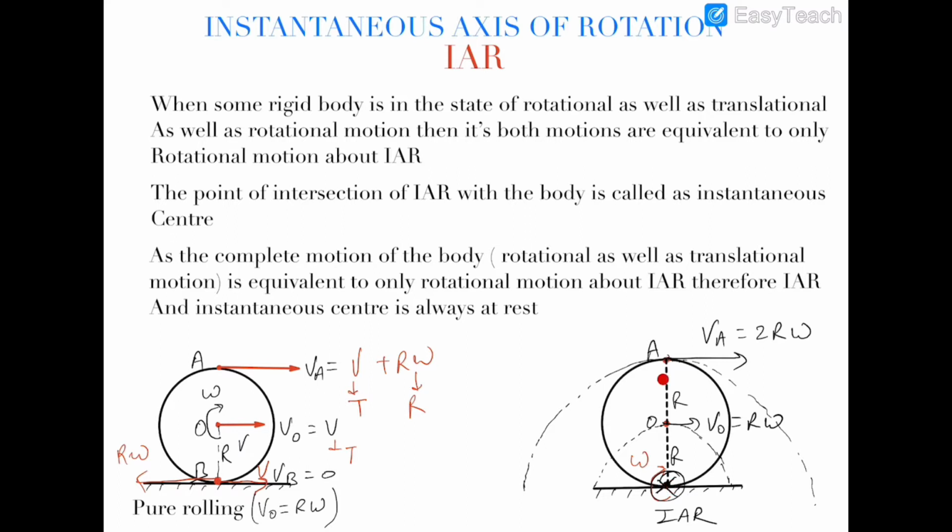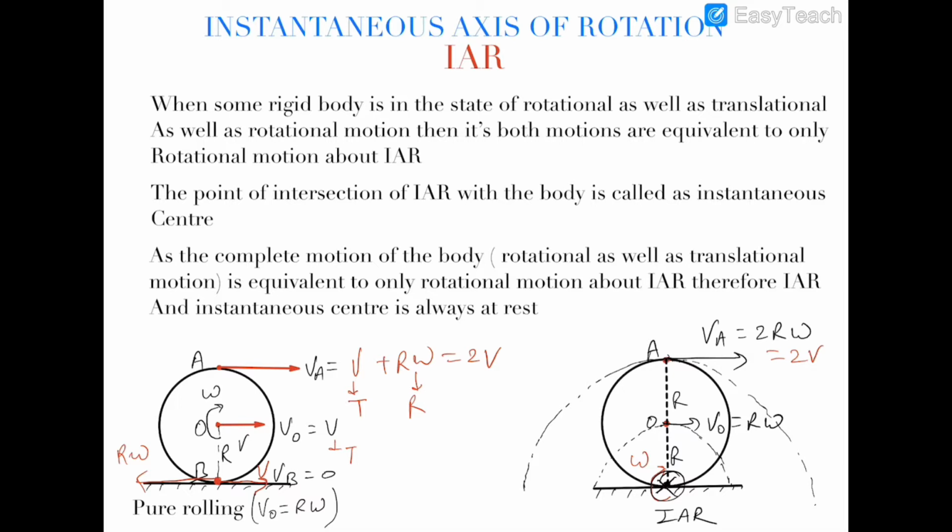If we do that, then the velocity of A would be 2r omega, because A would be rotating in a circle of radius 2r, since the center of rotation is now this point. So the radius of point A would be 2r, and therefore the velocity of point A would be 2r omega. Similarly, this 2r omega is equal to 2v because v is equal to r omega. Therefore we can say that the velocity of point A remains unaltered.